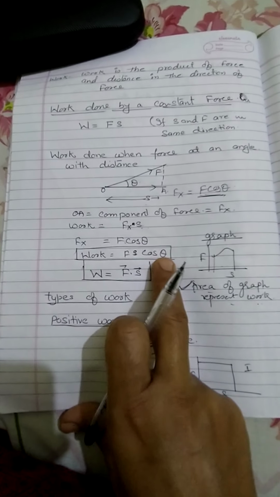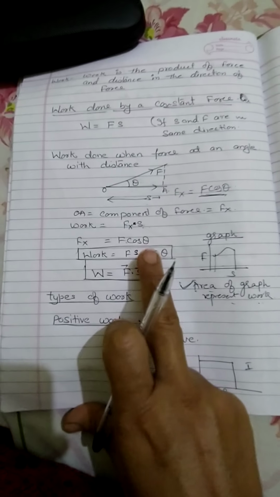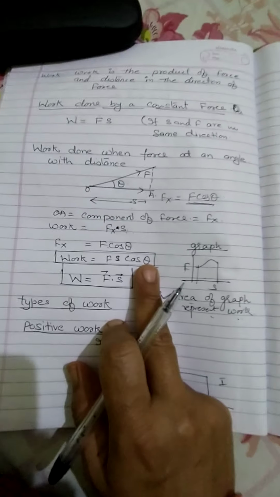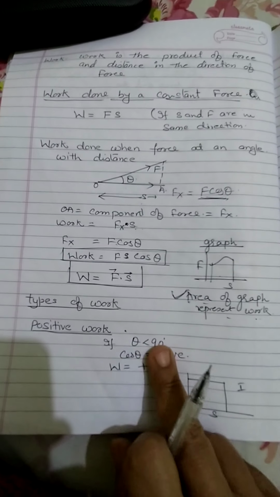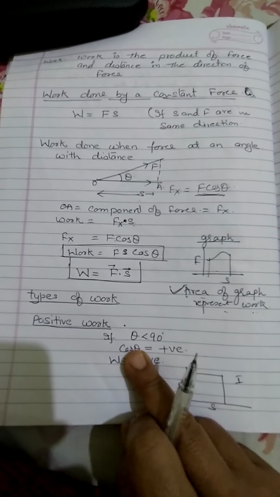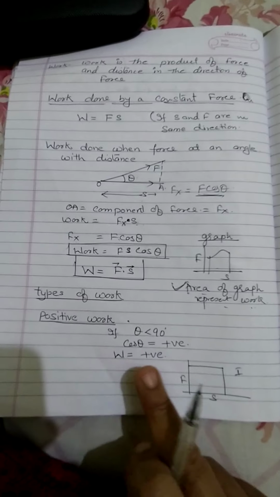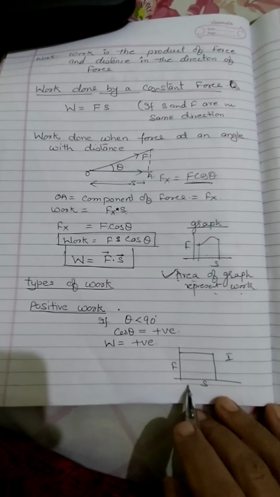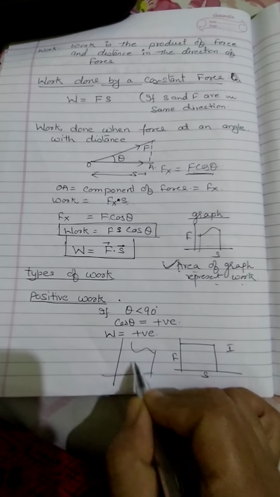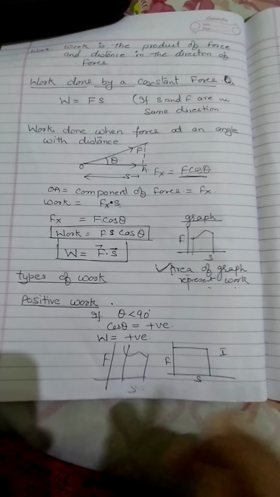If you are talking about the magnitude, then fs cos theta is the magnitude, and cos theta may have a positive or negative value. We know that when the angle theta is less than 90 degrees, then cos theta comes out to be positive. That means when theta is in the first quadrant. So if cos theta is positive, work done will be positive, and the graph will be something like this, or it may be something like this, but the graph must be in the first quadrant.